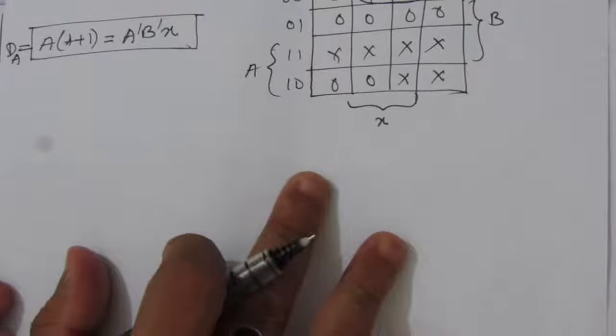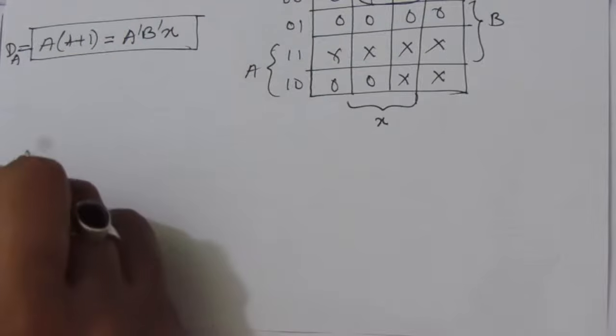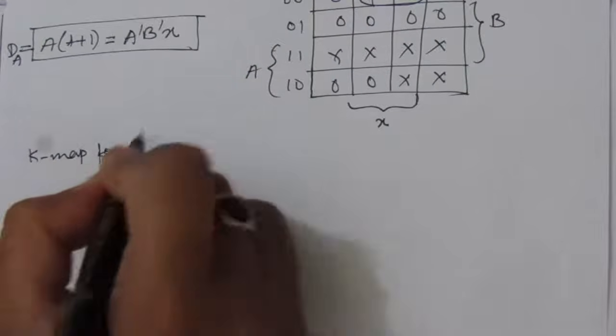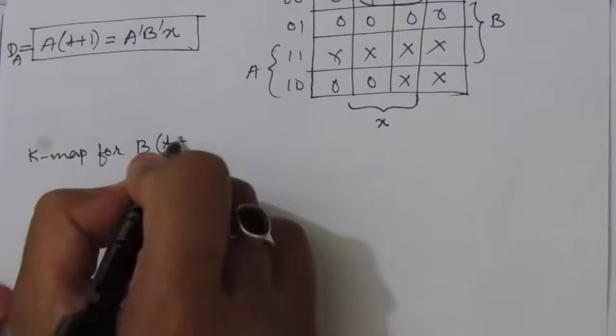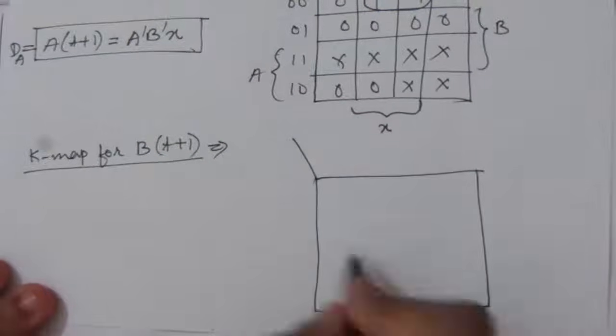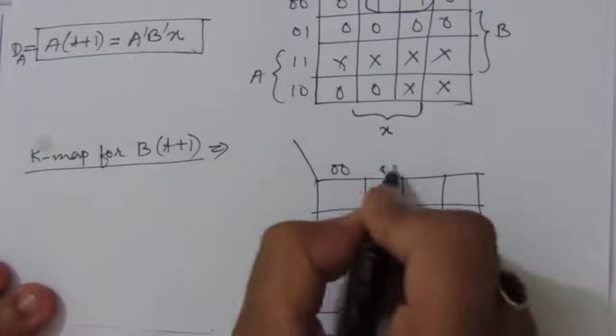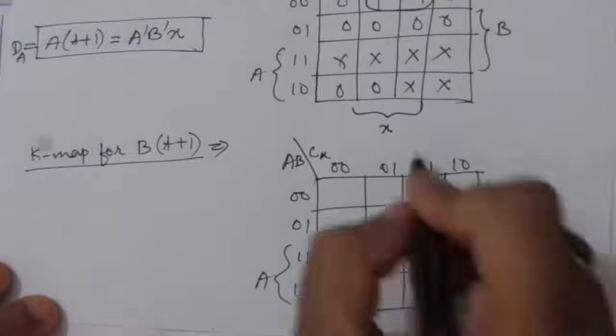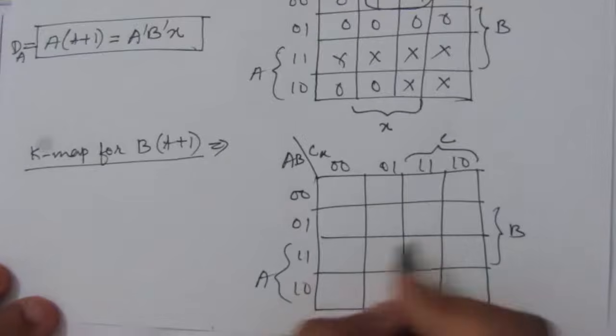Next we have to find out the k-map for b of t plus 1. So here we'll have a 4 variable map again. Now we have to fill up this k-map with b of t plus 1 values.